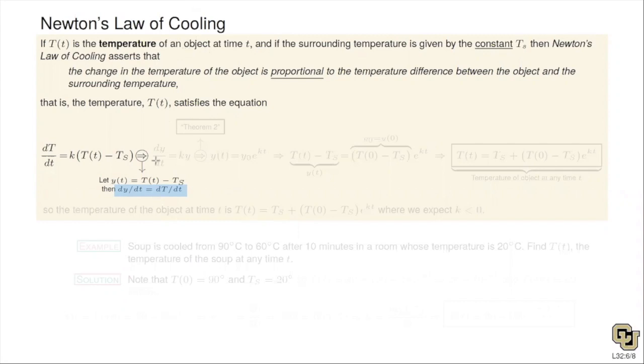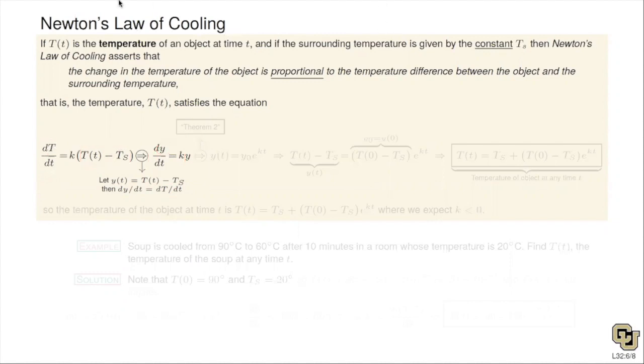So I can replace dT dt with dy dt, and I can replace capital T minus T sub s with y. And so we get back our usual exponential growth and decay model. Here, this y is the same as T minus T sub s, and on the other side, the dy dt is the same as dT dt.